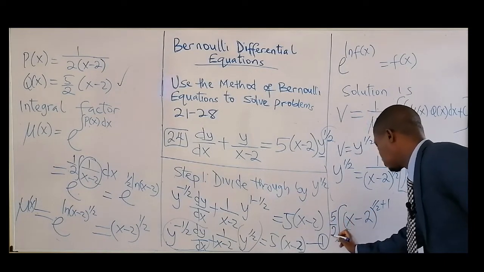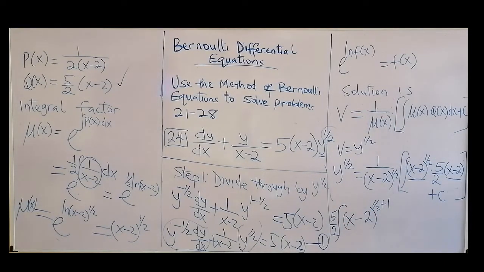That will be equal to 5 over 2 integral of (x minus 2) to the power half plus 1, that's 3 over 2, dx.